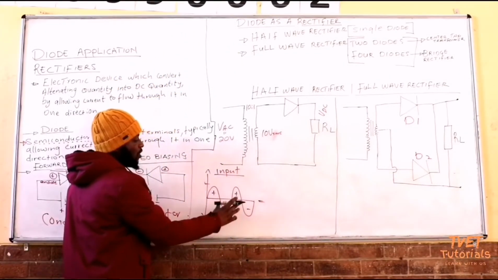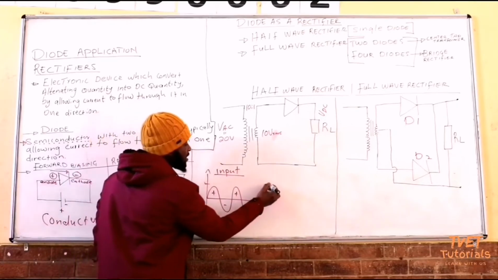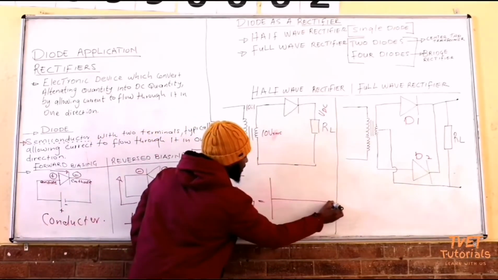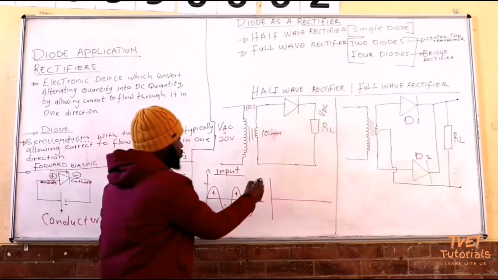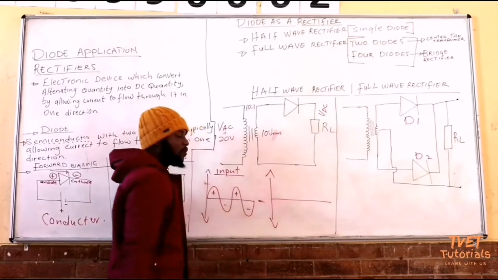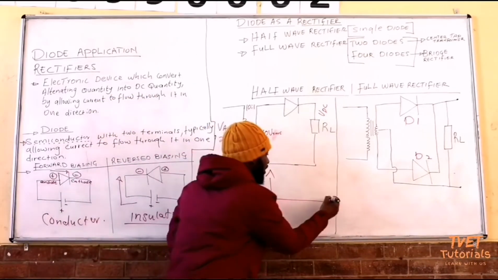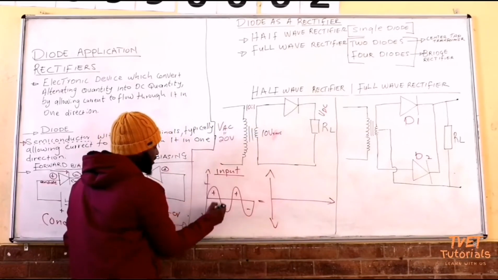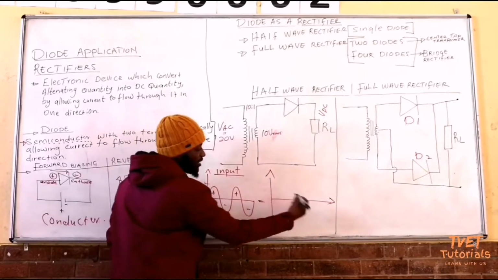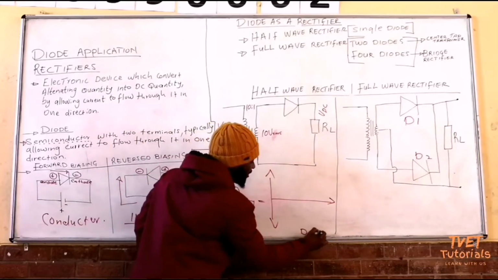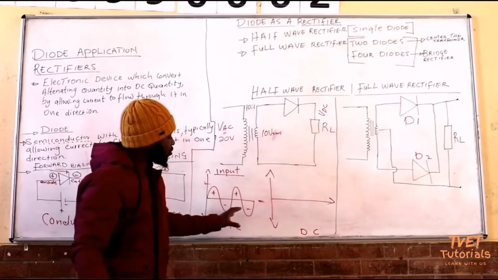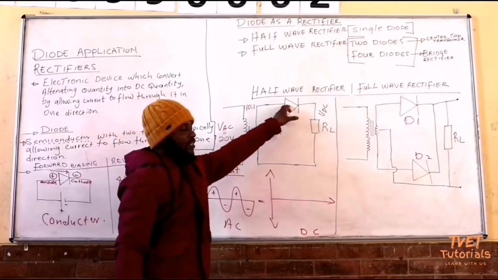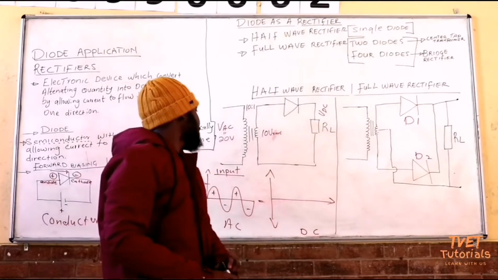So if this is AC, you want to convert AC into DC. Obviously, the output is not expected to have both directions. So we are going to only have one direction. Remember, we are converting from AC to DC. So this is actually AC, but on the other side, we expect DC. So what is it that is going to do the job for us? It's our diode, the rectifier.